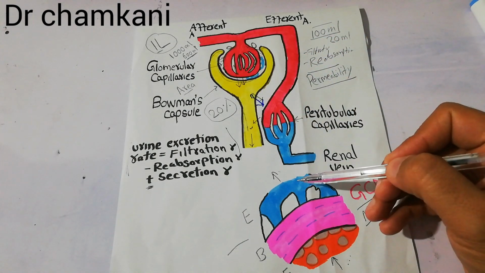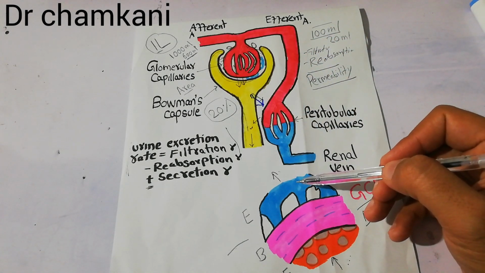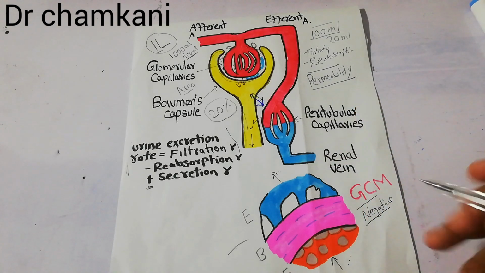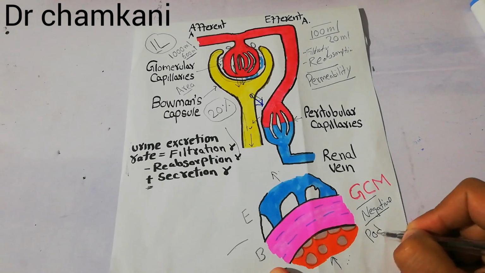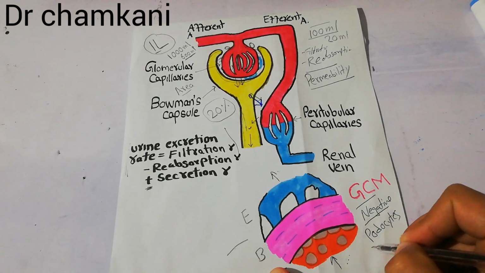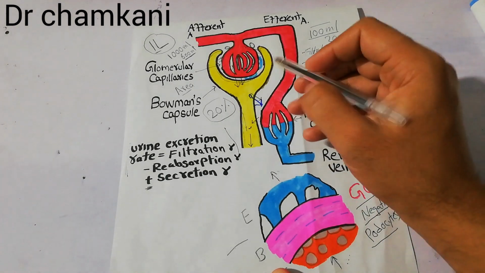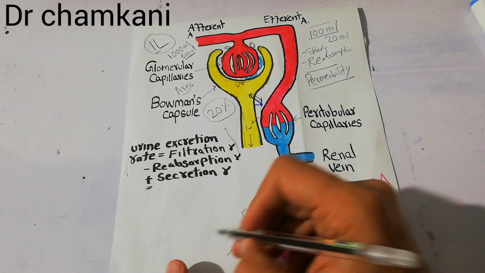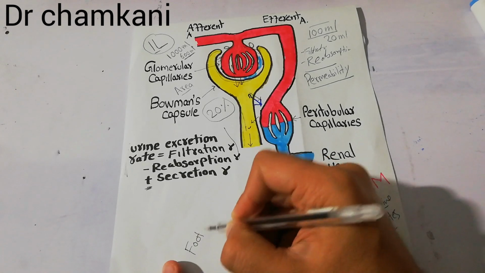Now, finally, we have the third layer. The third layer is made of special cells, which are known as podocytes. These podocytes have limbs or structures, foot-like processes. We call it the foot or limbs.